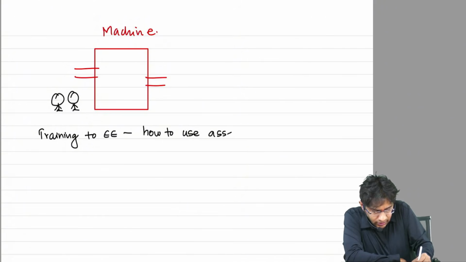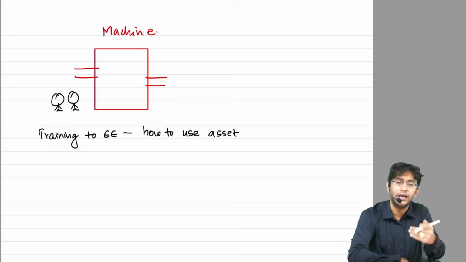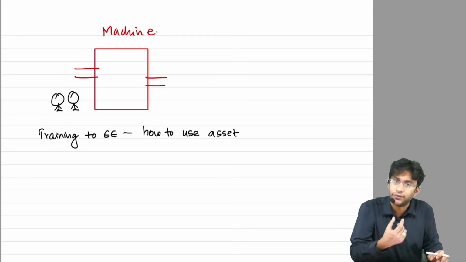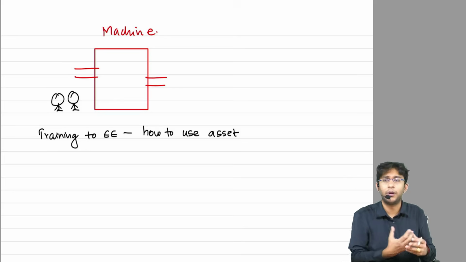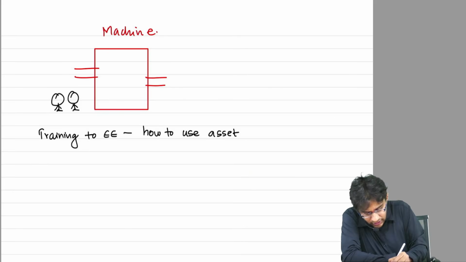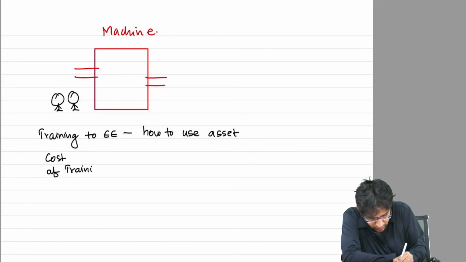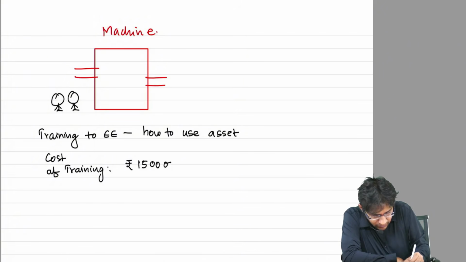These consultants will give training to our employees. Okay, fine. Our employees are trained now. They are super capable of how to operate the asset. Now, the training cost I have paid is 15 lakh rupees.